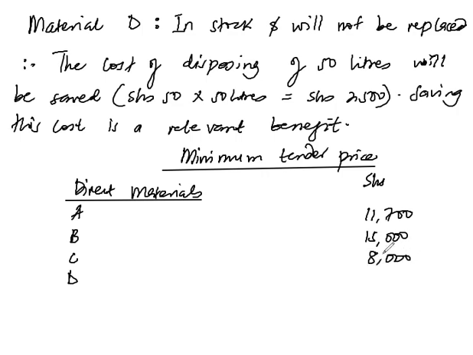Then for material D, we see a benefit of 2,500. This is not a cost, it's a benefit. This benefit reduces the other costs that will be incurred. So we end up coming up with our minimum tender price.